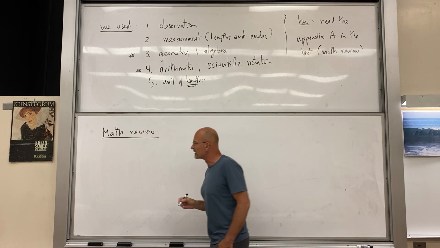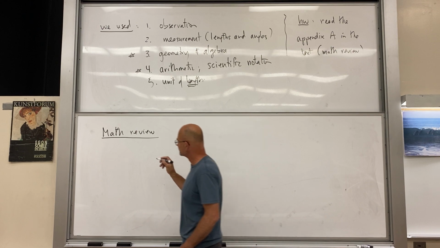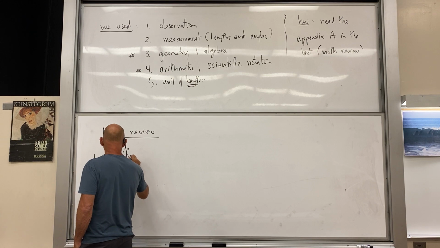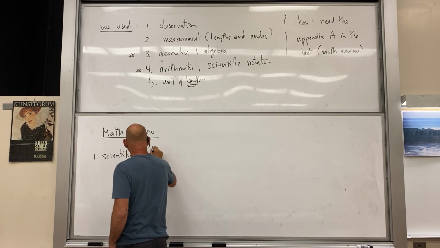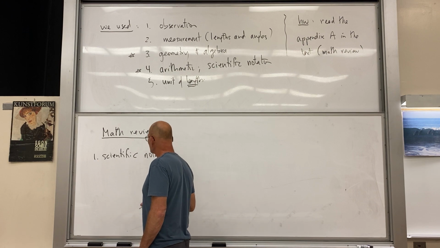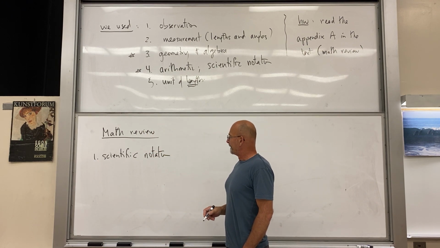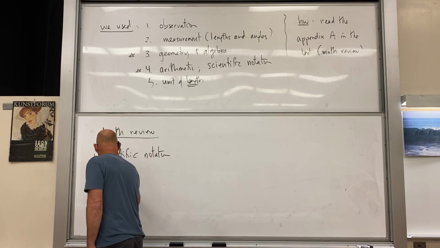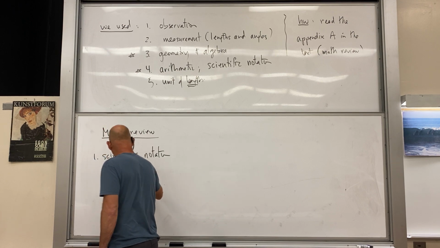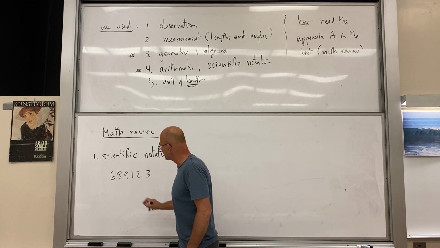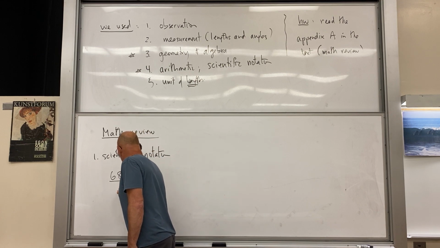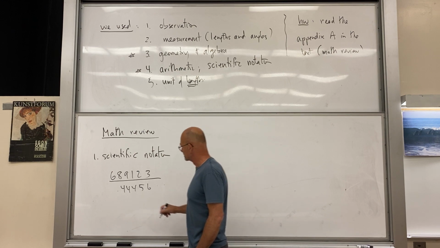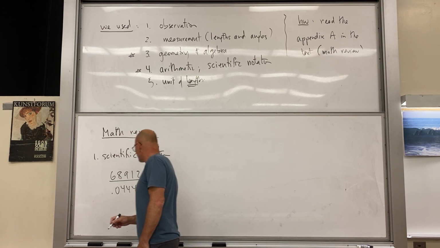I'm going to start out with the scientific notation problem. Scientific notation. But we'll just start with, let's say we wanted to do a division. 689123, I'm just going to make up some numbers, divided by 0.04456.